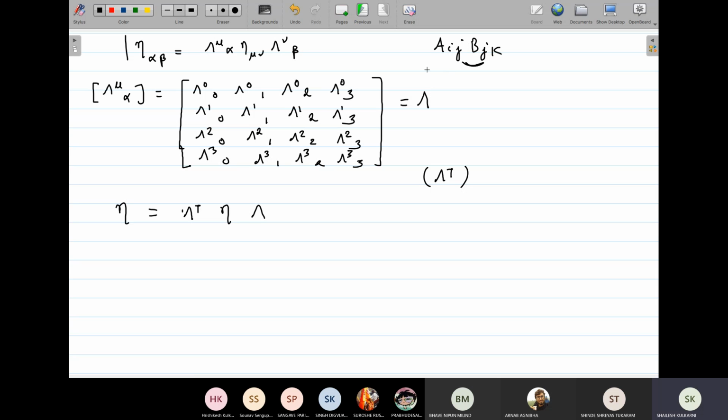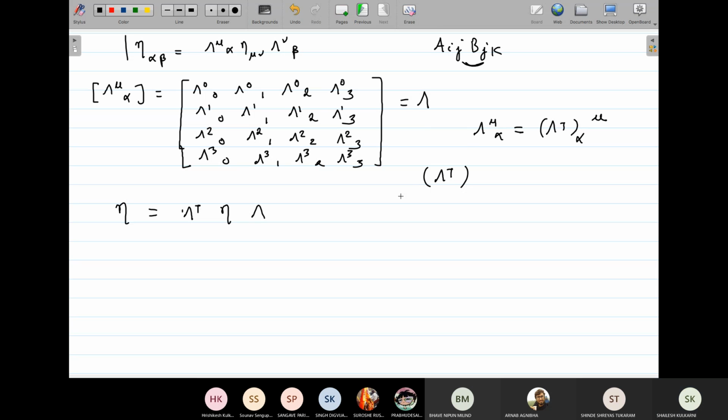But here it is coming as the first index. So lambda mu alpha is lambda transpose alpha mu.